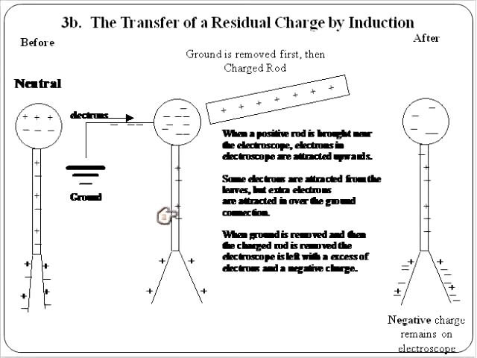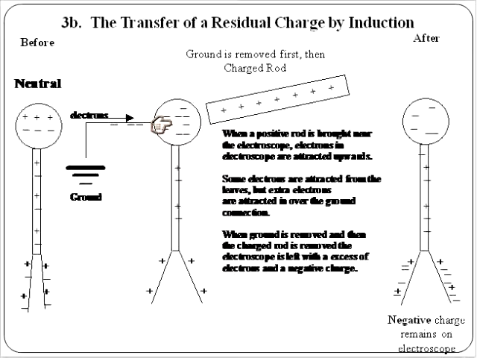Instead of pulling electrons up from the bottom of the electroscope, they come from the ground instead. So what we're doing now is we're actually pulling electrons from the ground, and the ground can be something as simple as touching it with your finger. But we're pulling electrons from the ground into the electroscope. Then you remove the ground after those electrons have moved, and once you do that, those extra electrons are trapped in the electroscope.